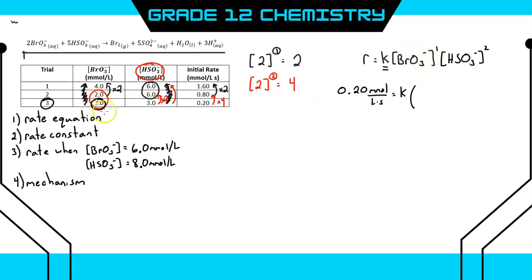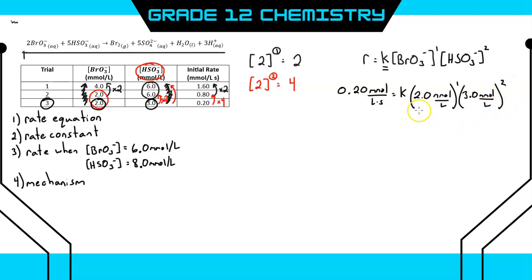So BrO3, we have 2.0 millimoles per liter to the power of 1, and HSO3 is at 3.0 millimoles per liter squared.